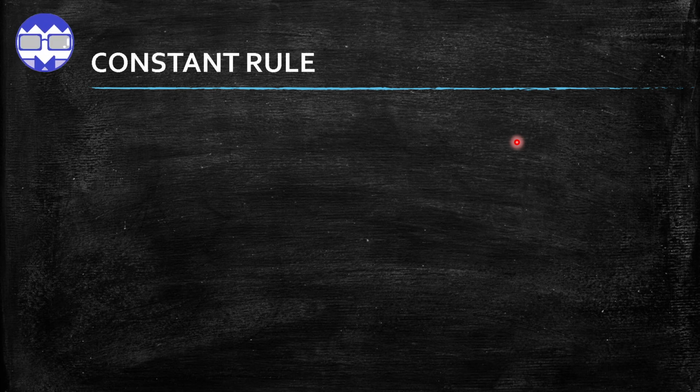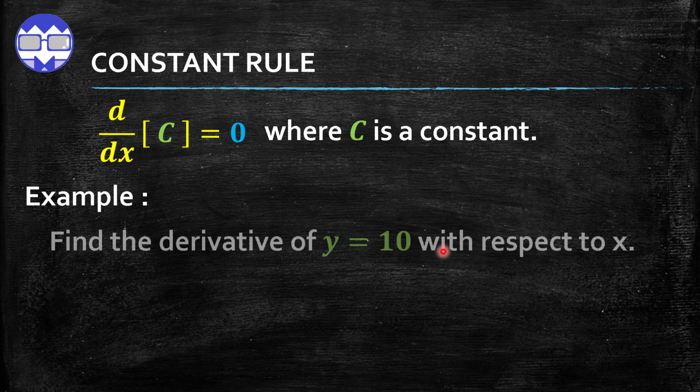Let's have the first one, the constant rule. Say you're given a function which only contains a constant, let's say c. The derivative is always 0. Example: find the derivative of y equals 10 with respect to x. Instead of using the limit definition, the limit as h approaches 0 of f of x plus h minus f of x over h, we can just directly give the answer because there is already a rule for that.